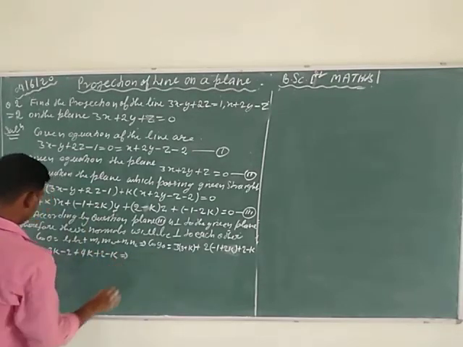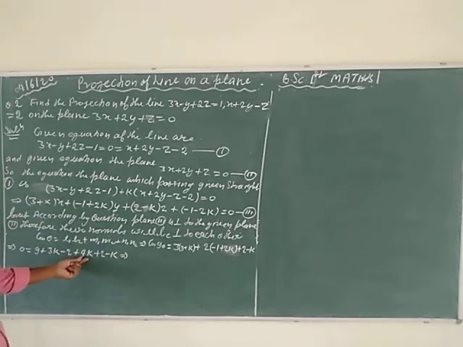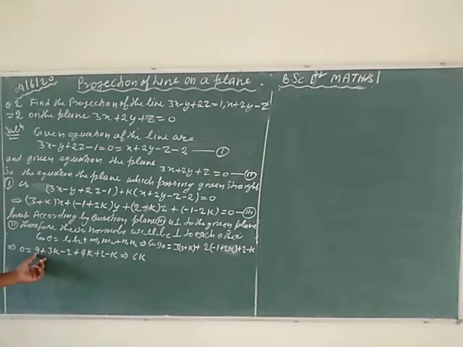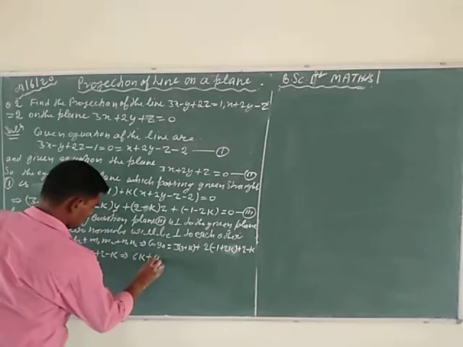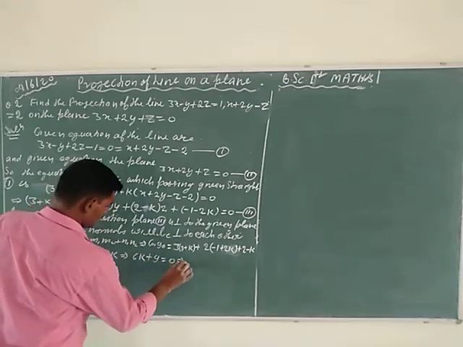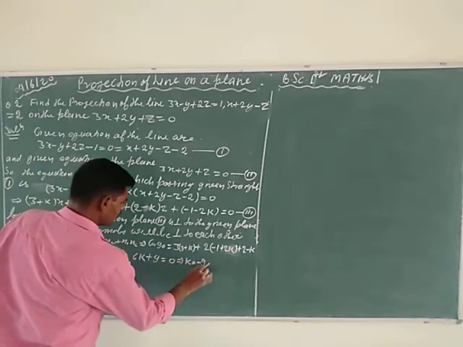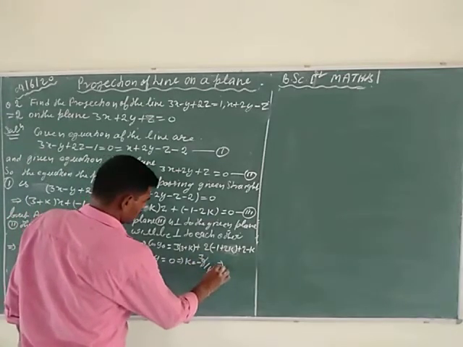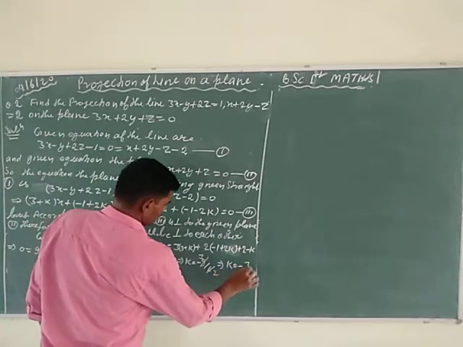Combining, 3k plus 4k minus k is 6k, and the minus 2 and plus 2 cancel each other, so only 9 remains. So 6k plus 9 is equal to 0. It is implied that k is equal to minus 9 by 6, which means minus 3 by 2.